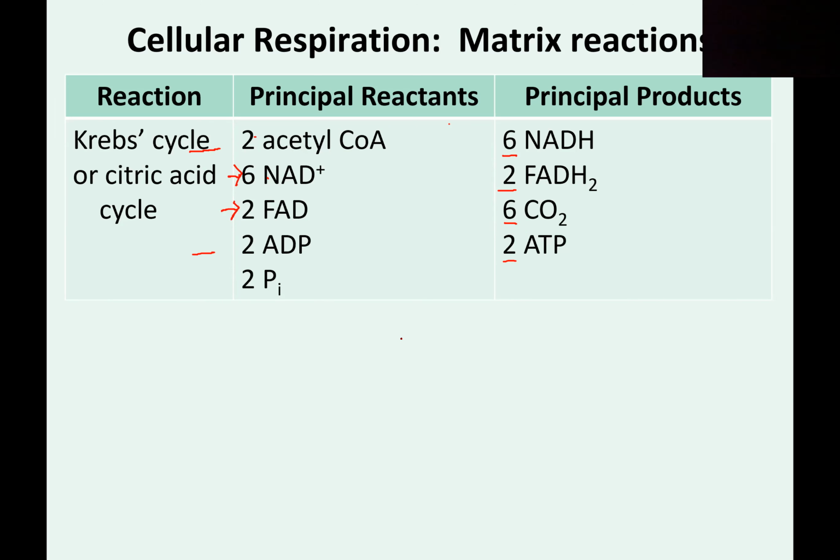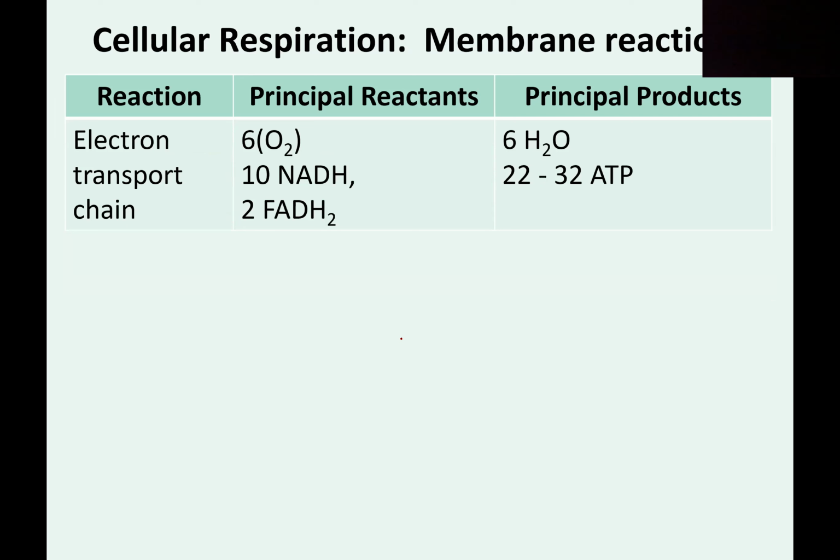The last reaction is the electron transport chain. It's also called the respiratory chain, the cytochrome system, are the three main names. Principal reactants, 6 oxygen molecules, 10 NADH, and 2 FADH2.